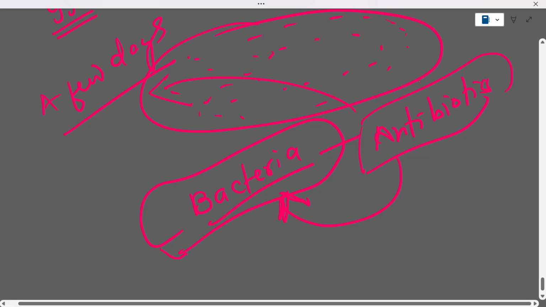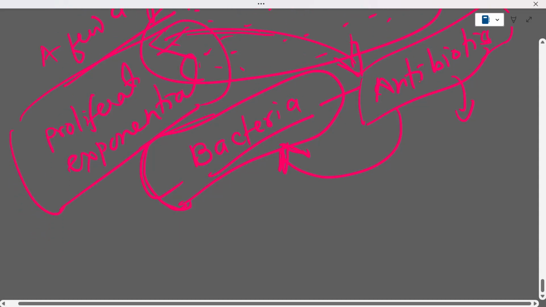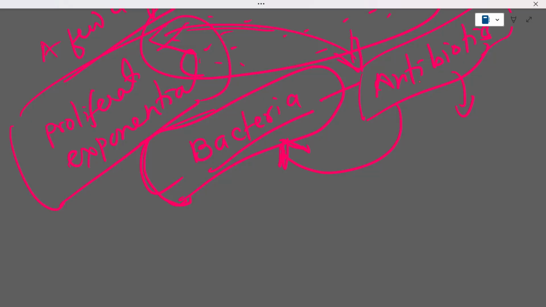So there is a whole time gap, which is a cause of concern: what might happen if we run out of newer strains of antibiotics, but the bacteria start proliferating in an exponential way.